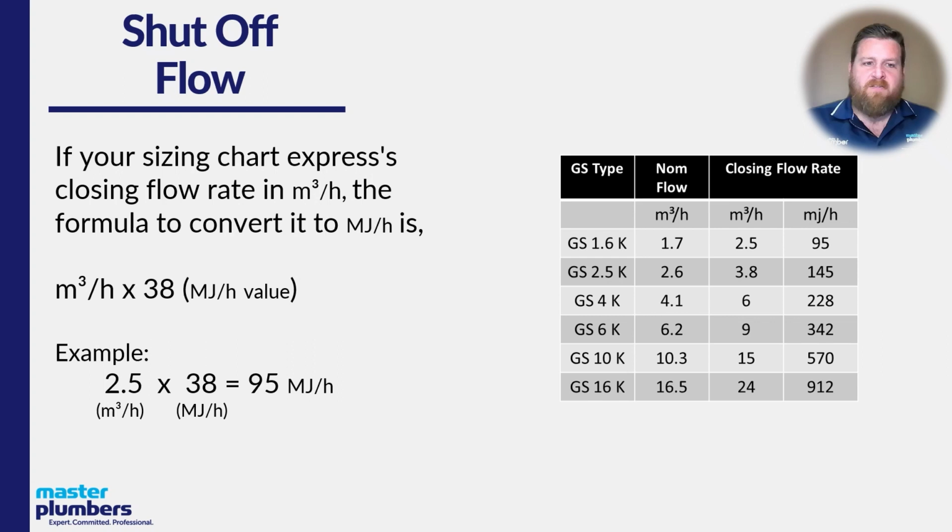So in this instance, a 2.5 cubic meter valve, or a GS 2.5K, times 38 equals 95 megajoules. So for the ease of this, I've gone ahead and put the megajoules an hour on the closing flow rates.